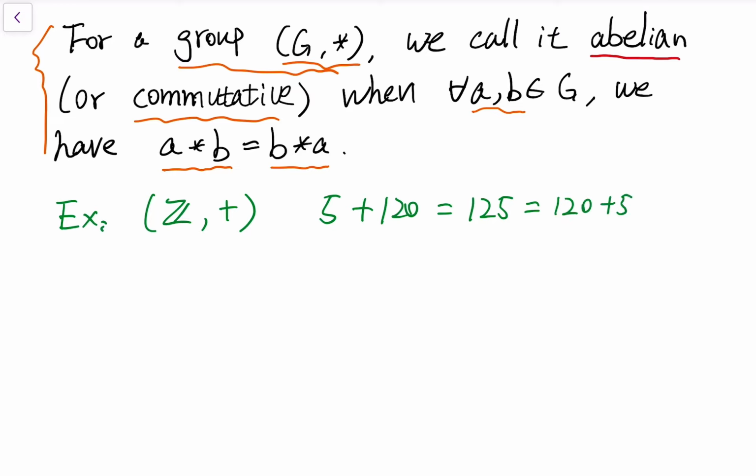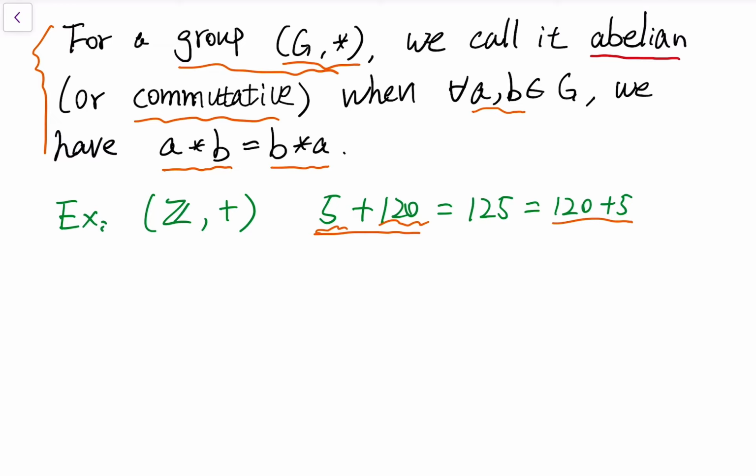On the left hand side we do the addition with 5 in the first place and 120 in the second place, and on the right hand side 120 is on the left position and 5 is on the right position.